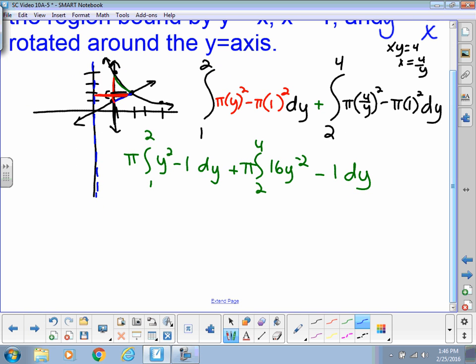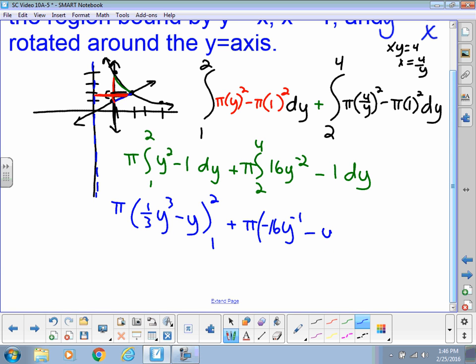We'll take our antiderivative. We'll have pi times 1/3 y to the third minus y, evaluated from 1 to 2, plus pi. Our exponent will go up 1, so we'll have y to the negative 1. Divide by that out front, so we'll have a negative 16. So negative 16y to the negative 1 minus y, evaluated from 2 to 4.